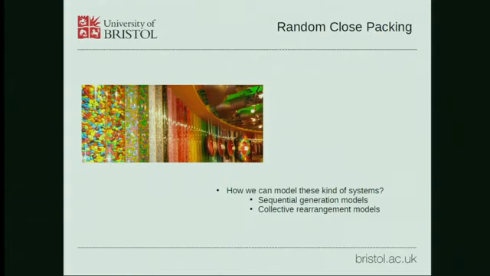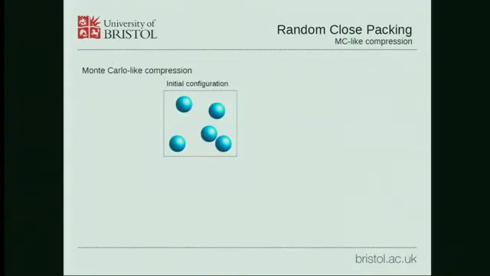So what we started doing is playing with this system. At the beginning, we wanted to do something kind of easy, so we started with something similar to a Monte Carlo. Basically, how this works is we always start with an initial configuration, a dilute system, because we don't want to be near the nematic phase.